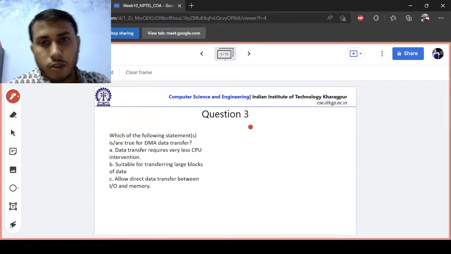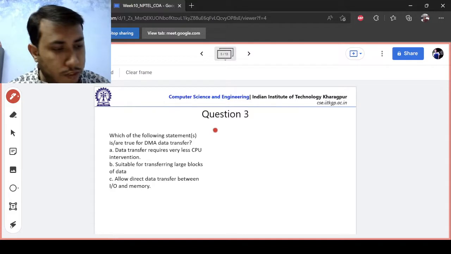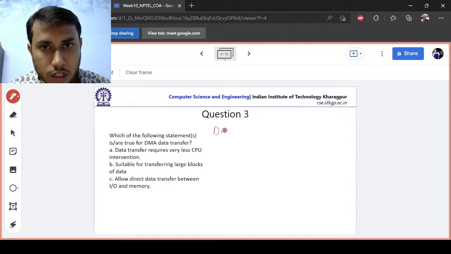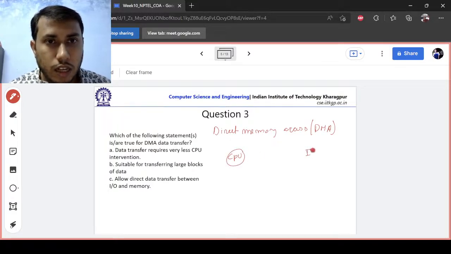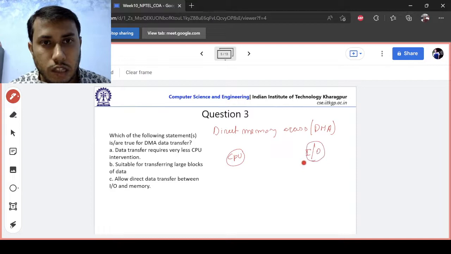If you have gone through the theory of direct memory access, you know what happens, right? There is the CPU, there is the I/O device, and there is something we call the DMA controller.